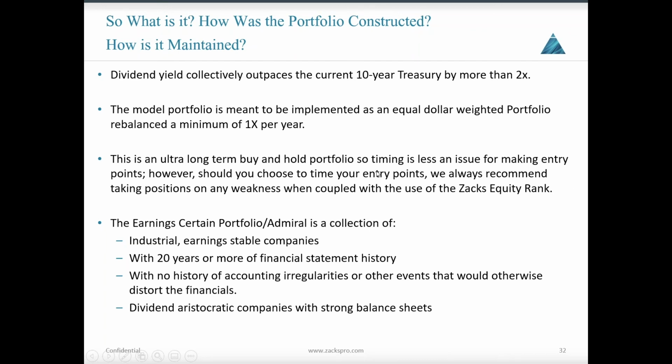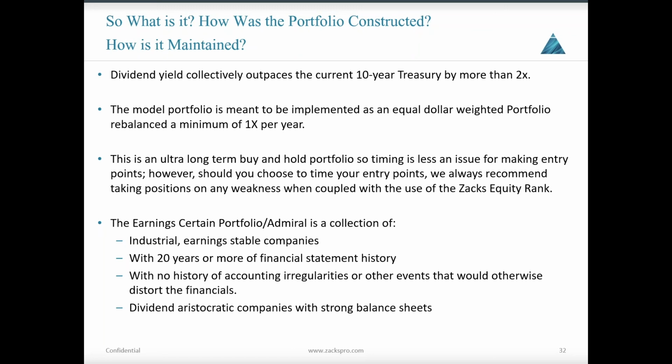Again, use the Zacks rank. I do recommend that for making entry points. Keep in mind that the Zacks rank is not a factor that is utilized in the creation or the maintenance of any of these portfolios that I'm talking about in the earnings certain family. Keep in mind that these are ultra long-term.